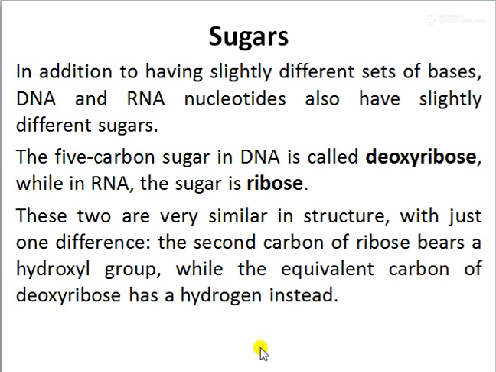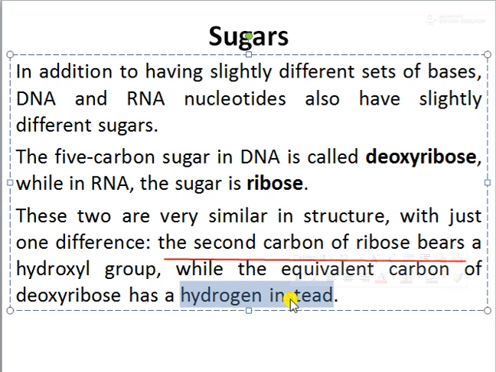The difference lies, as I have already told you, on the second carbon: ribose has a hydroxyl group, while the equivalent carbon of deoxyribose has hydrogen instead of a hydroxyl group.